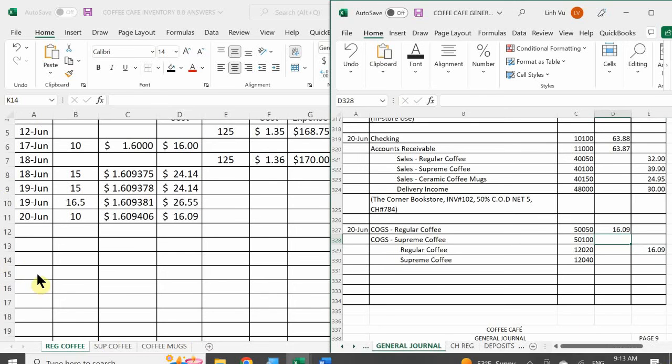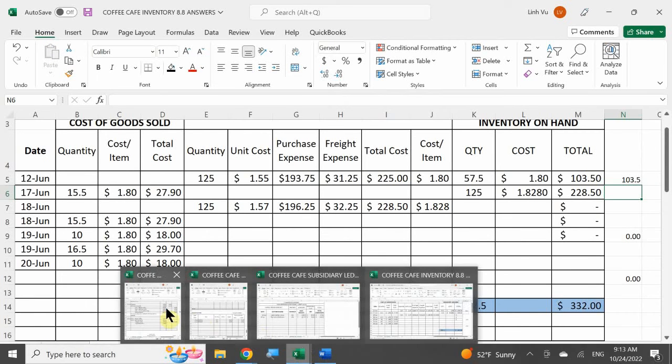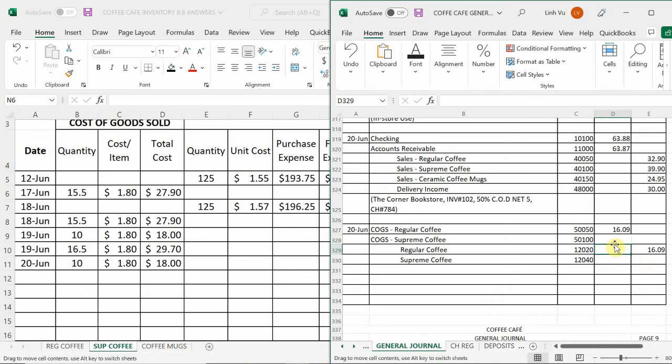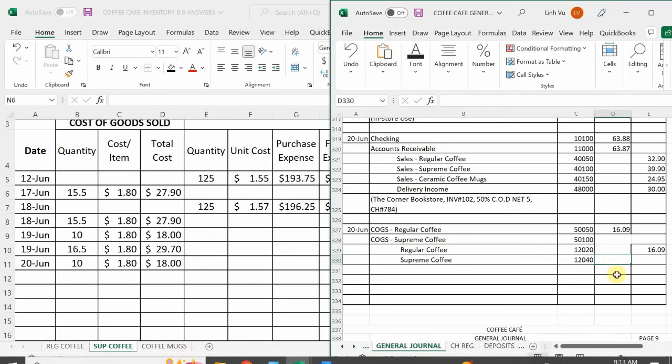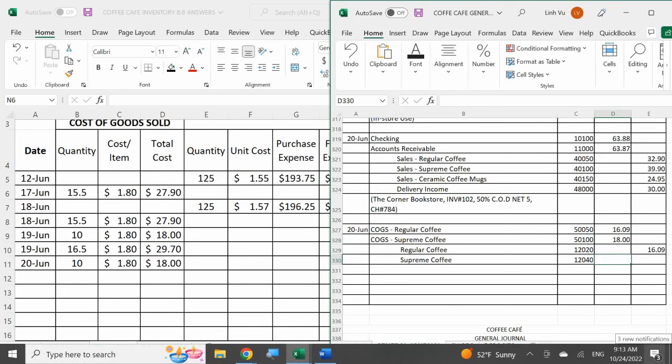Okay. What about my Supreme coffee? $18. Okay.